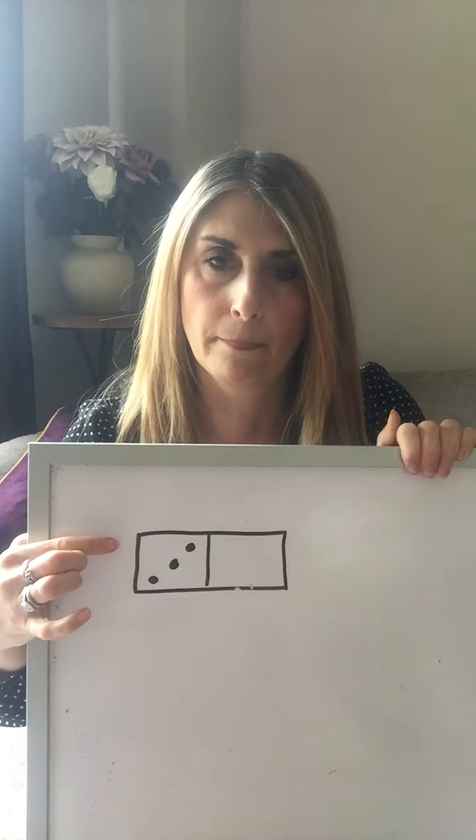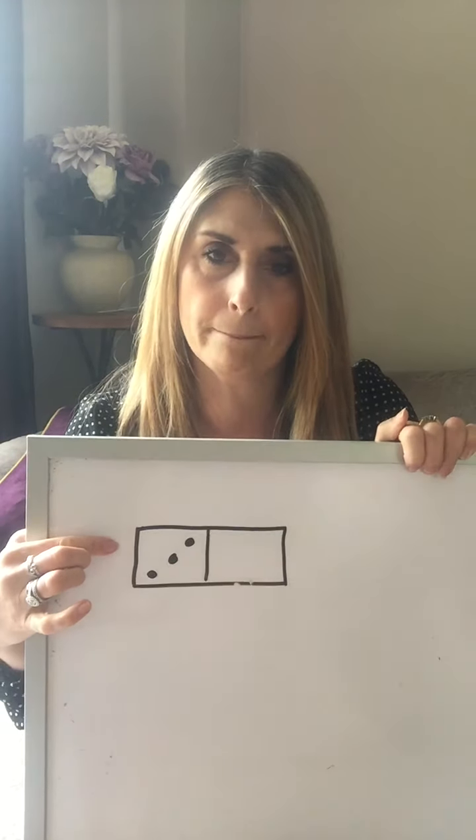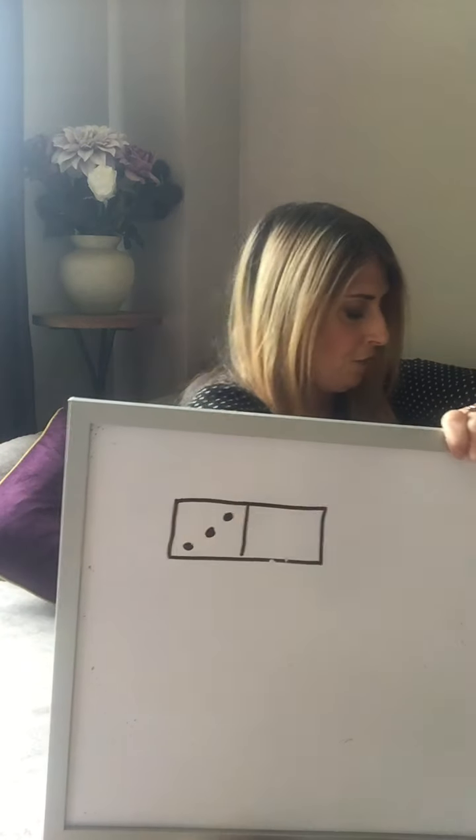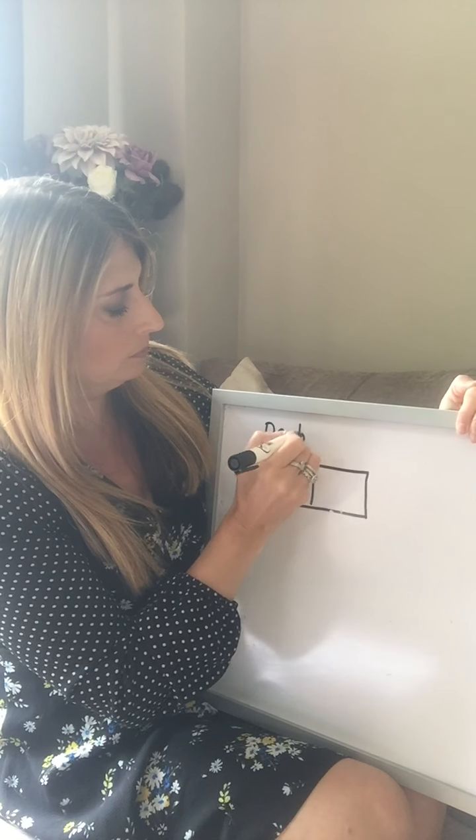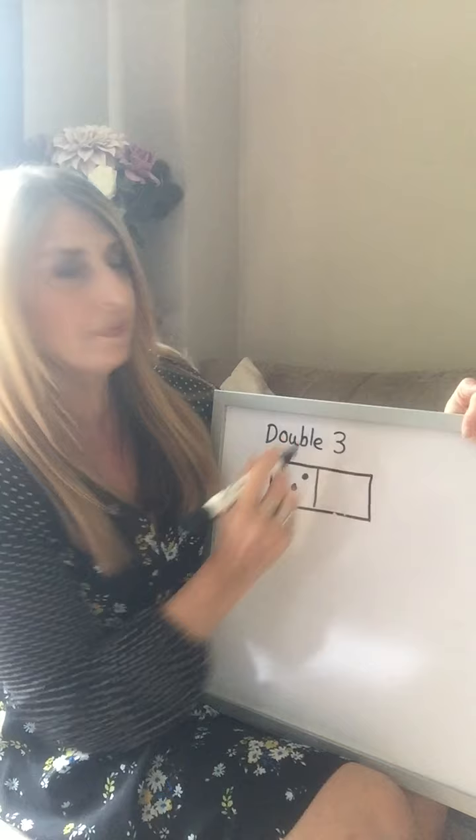So on this domino, I have got this amount of spots. Can you count them? If you've said 3, you are right. So we are going to double 3. So I am going to do double 3 here.